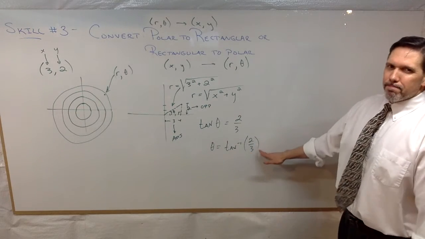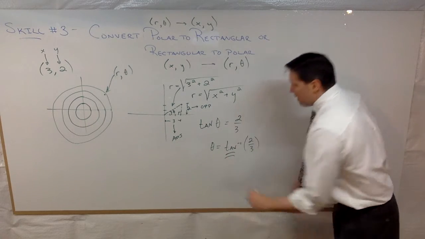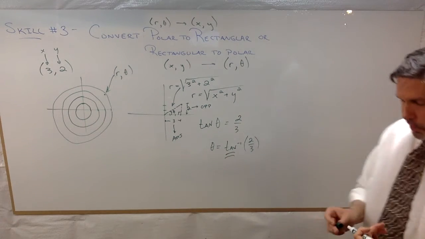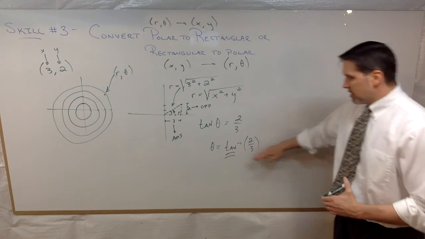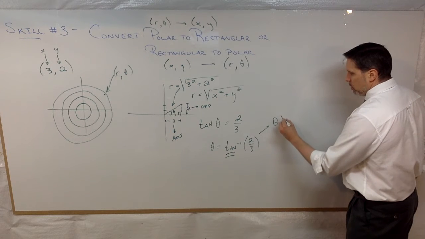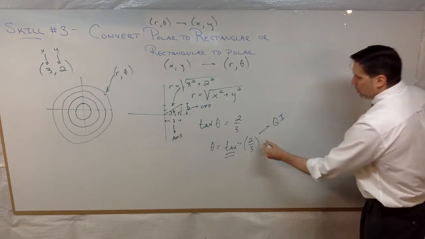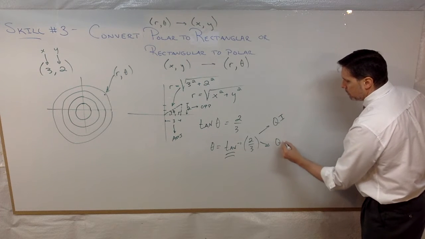How do you figure out your theta? Inverse tangent. Slight problem though. That is the functional inverse tangent. And this can only give you answers in Q1 if it's positive, which it would be, and we'd be fine with that. Or if it's negative, it would give you a Q4.